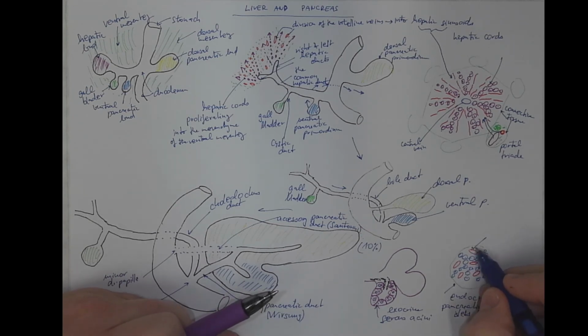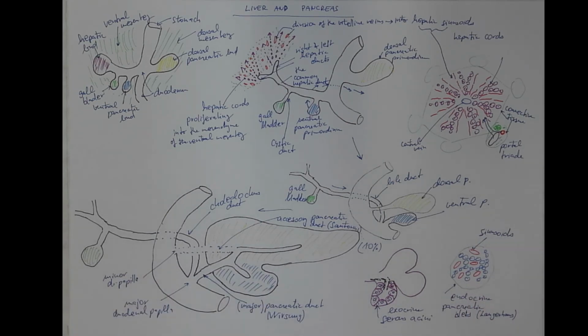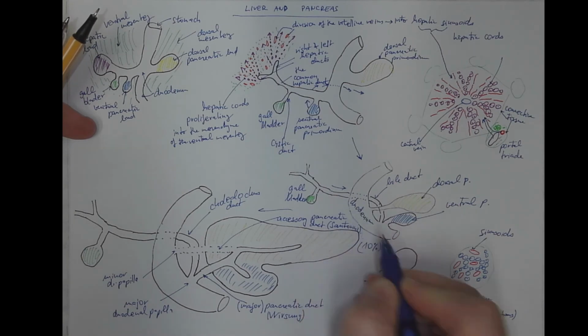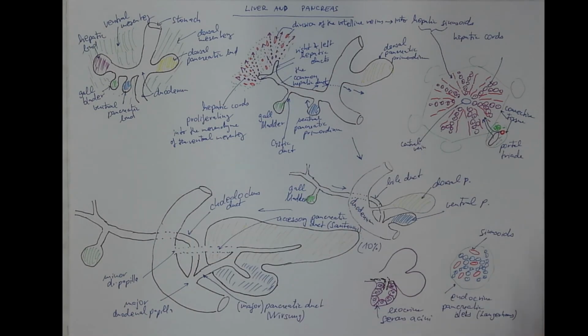With the blood sinusoids here. So this is the duodenum, right? Otherwise, I hope the scheme makes sense to you.